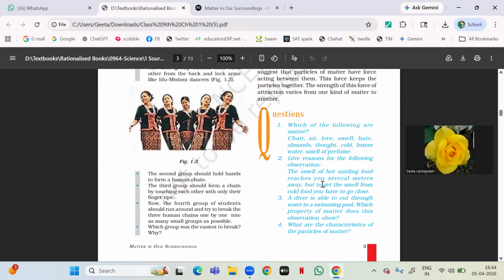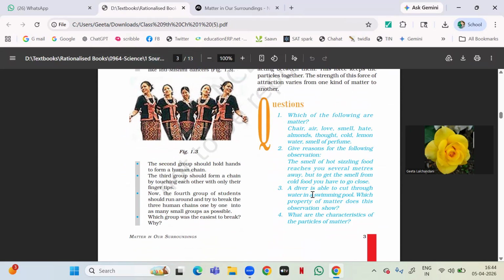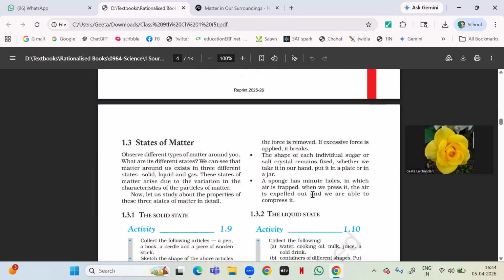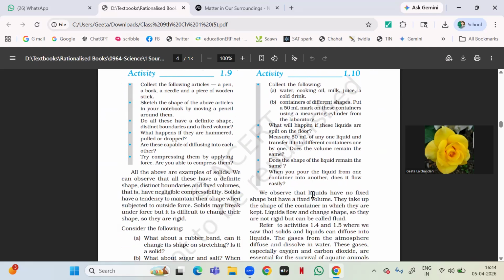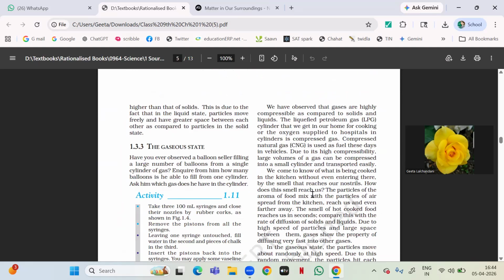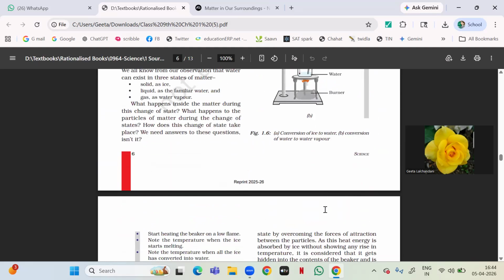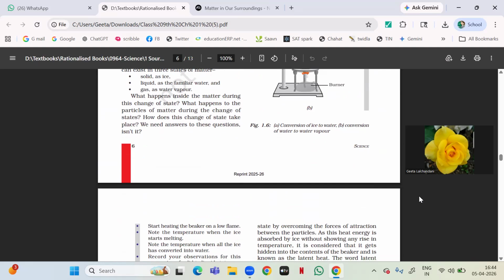And then I will also be going through these questions so that if you have any doubt, you can listen to my solutions. And finally, I would be discussing the textbook exercises which are at the back.